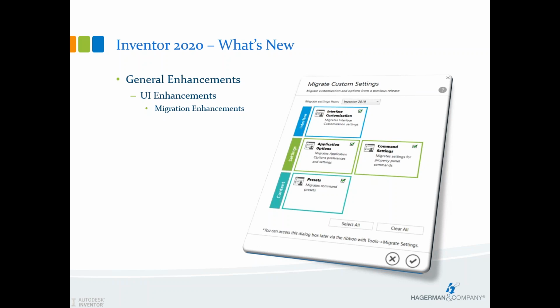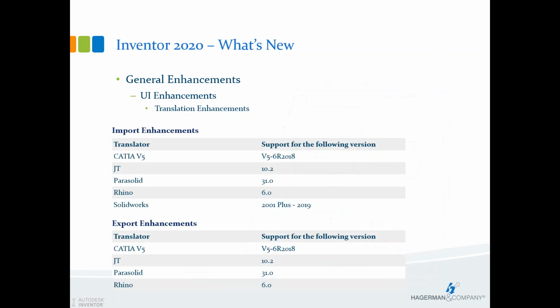When you first launch Inventor, you're going to be prompted to do this once. If it recognizes an older release of the software was installed, it asks, do you want to bring these forward? You can say yes now or no later. You can also do this at any time on the ribbon menu, on the Tools tab, where the Migrate Settings button brings you back to this dialog box as well.